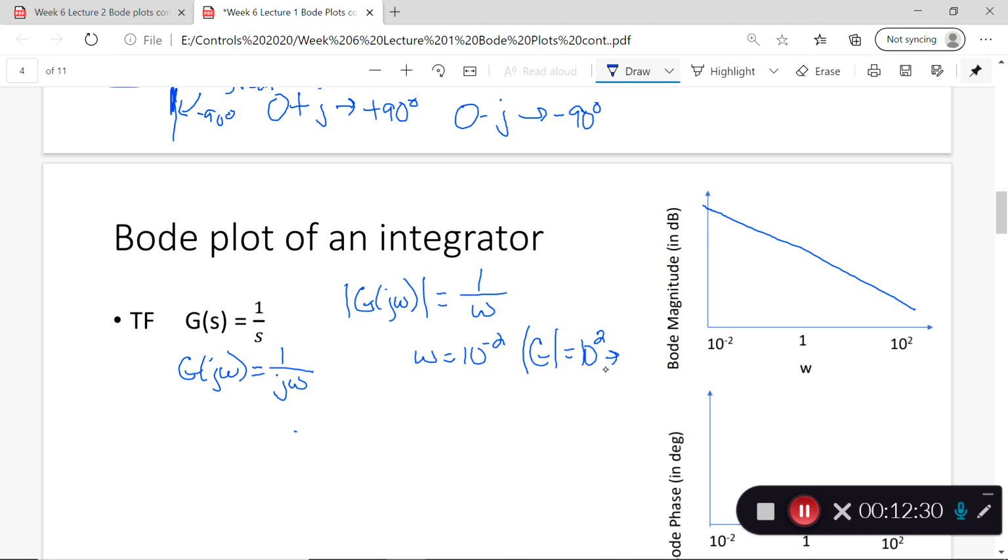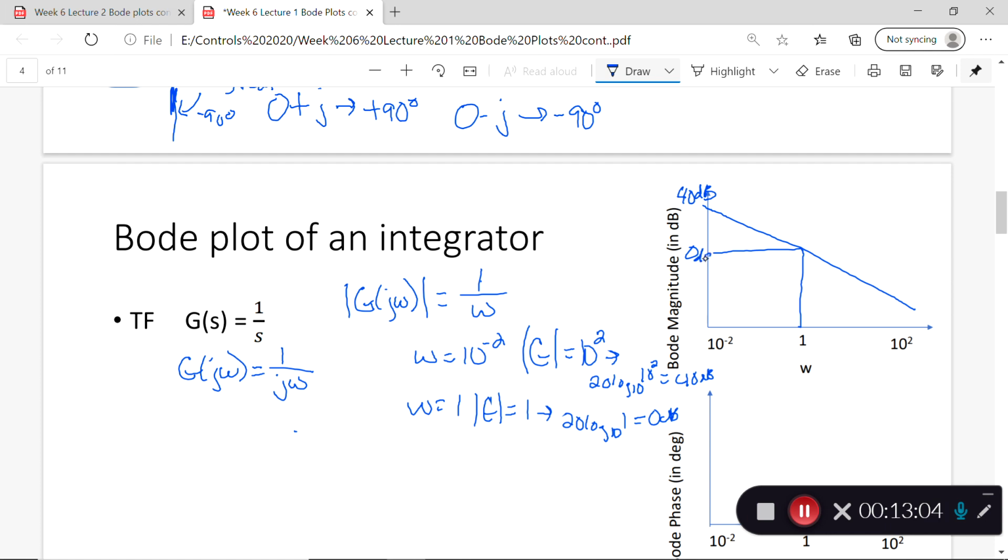In decibels, 20 log base 10 of 10 to the 2 becomes 40 decibels. So I start up at positive 40 decibels here. When omega is 1, magnitude of my transfer function now becomes 1 over 1. It's just 1. In decibels, what is 1? That's 20 log base 10 of 1. 10 to the what gets you 1? That's 0. 0 times 20 is still 0, so 0 decibels here.